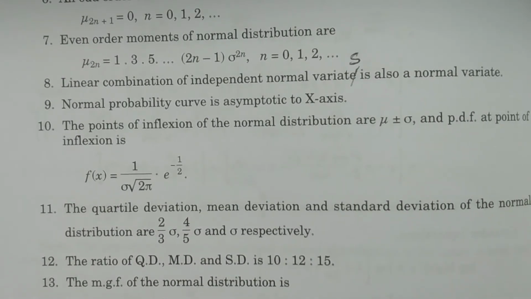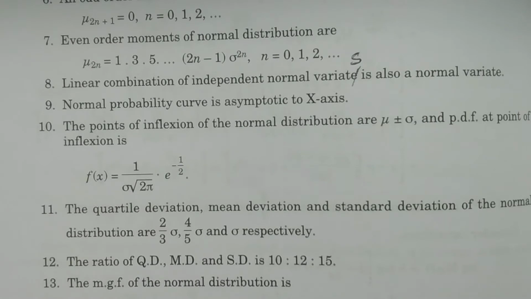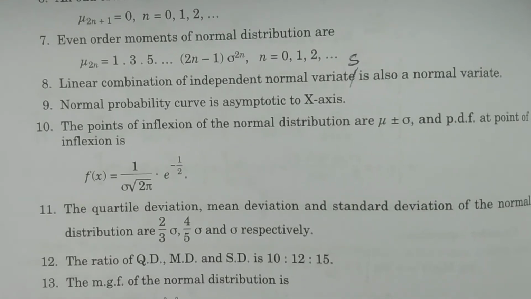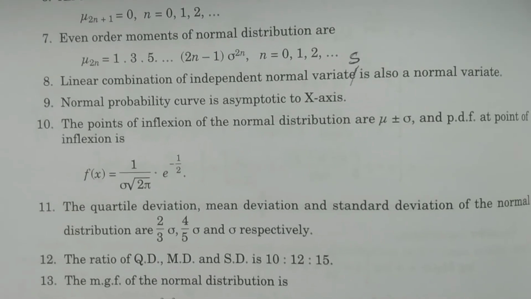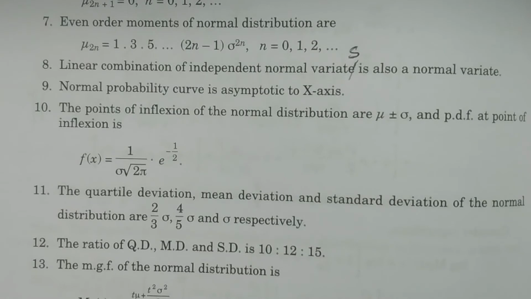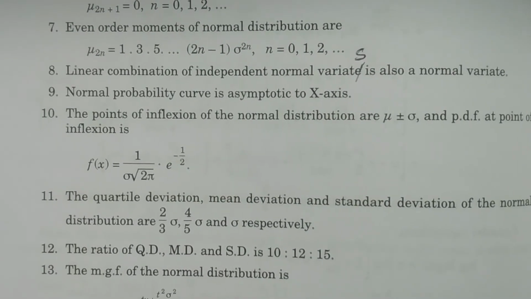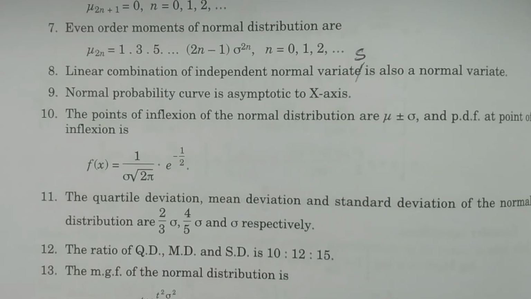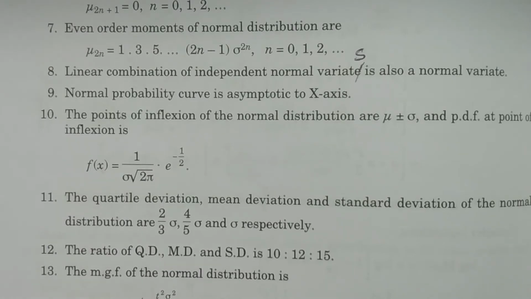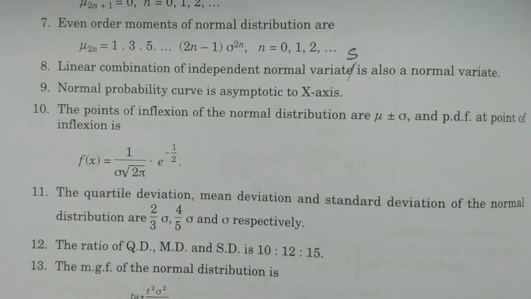The points which are going to be inflected are considered with the same probability. At mu plus sigma and at mu minus sigma, you will get the same kind of probability.